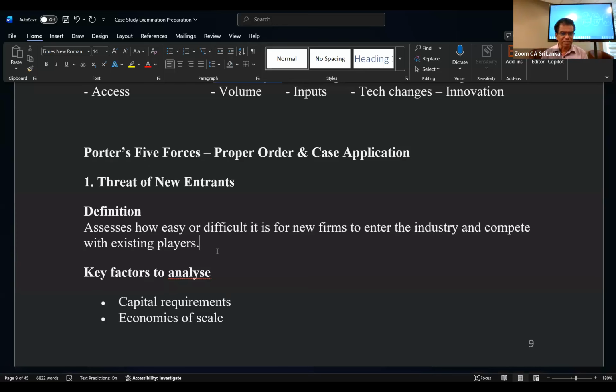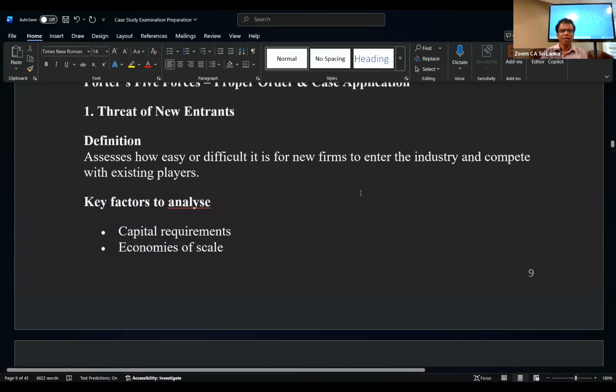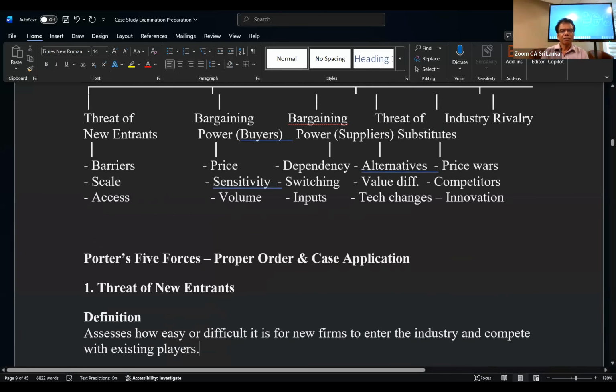Then, if new entrants do not come in, what will happen? The bargaining power of buyers, that is your customers, will not be strong, because you don't have competitors. If you don't start there and immediately jump to the bargaining power of buyers, you are going on the wrong track.